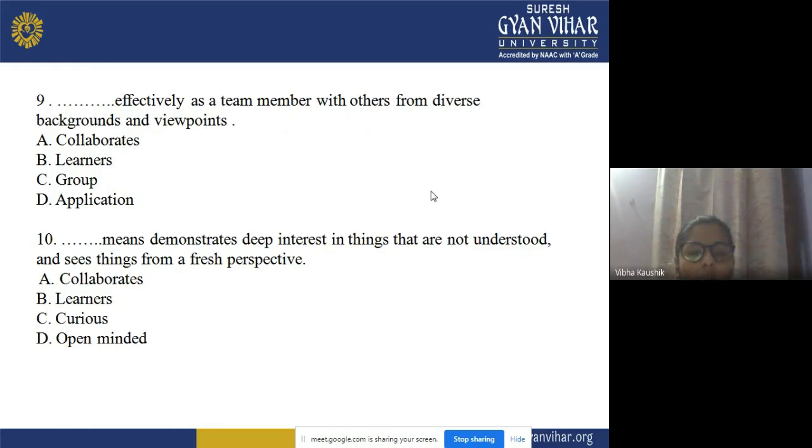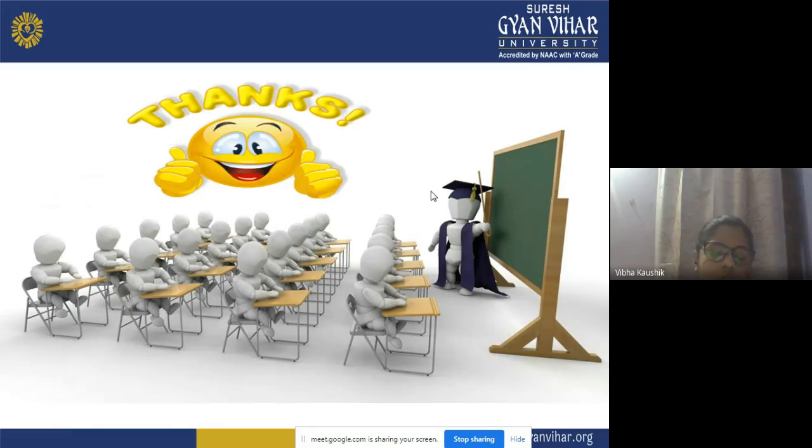A, collaborators; B, learners; C, curious; D, open-minded. So the correct answer is curious. Curious means demonstrating deep interest in things that are not understood and seeing things from a fresh perspective.